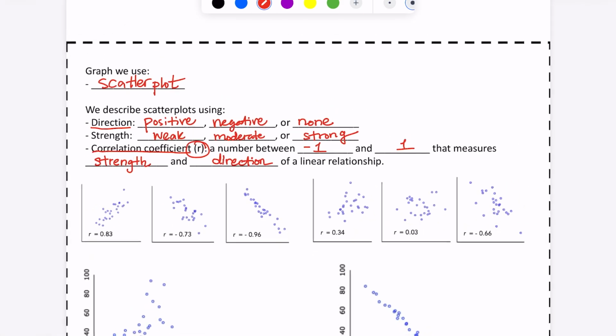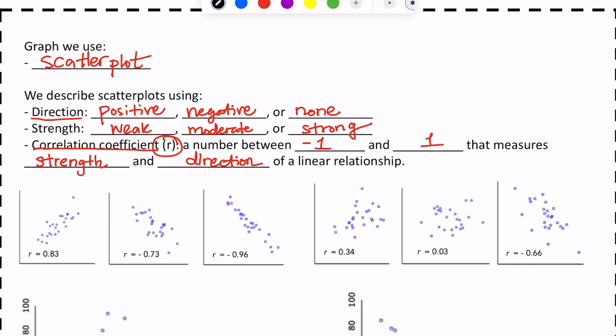Okay? So correlation goes between -1 up to +1, where R values close to -1 are very strong negative correlations.